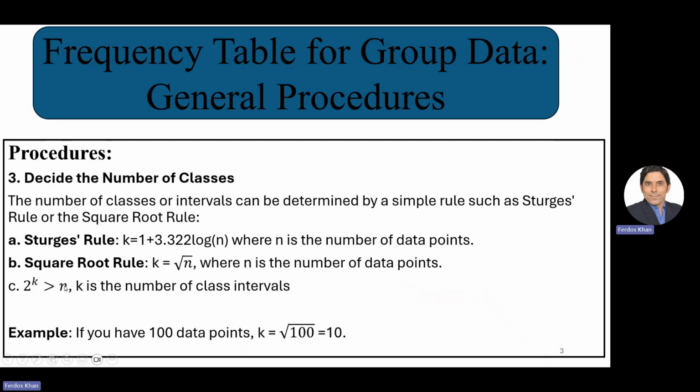Suppose n is equal to 30 and you calculate 2 power 4, that makes 16, which does not satisfy this equation, so it is not an appropriate number of class intervals. If you put k equal to 5, then this makes 32, which is greater than 30. In that case the equation is satisfied, and k equal to 5 is the number of intervals.